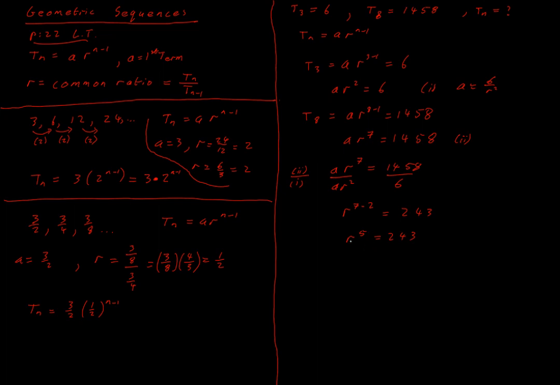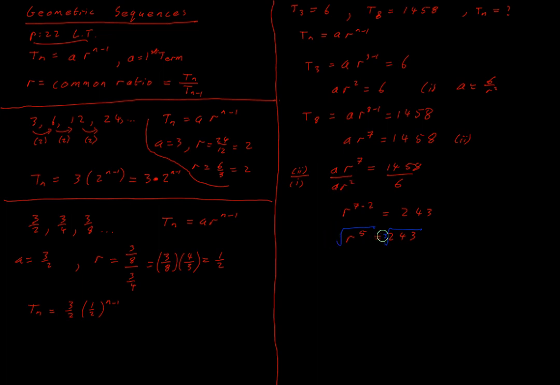And now I need to take the fifth root of both sides. So we're not terribly used to doing this. When we do more algebra later on, we'll get a little bit more comfortable with taking larger roots than just square roots or cube roots. So you will be a little bit more familiar with this later on.